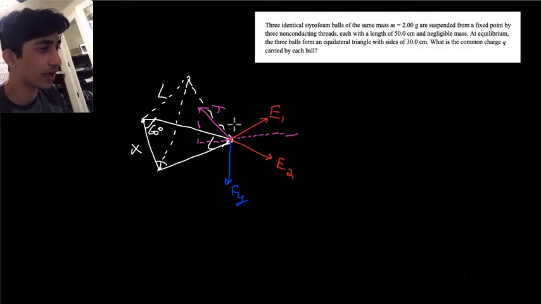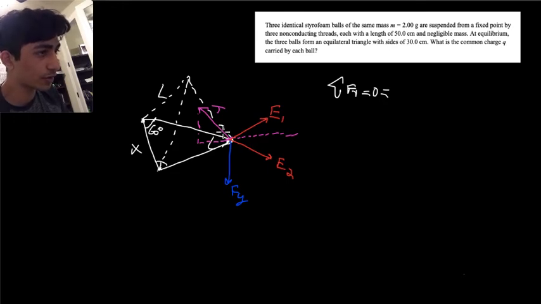First, let's just look at the forces in the vertical direction along the y-axis. So we know that the net force in the y direction is equal to 0 because it's at equilibrium. We can see that there's this gravitational force, and then there's the vertical component of this tension force.